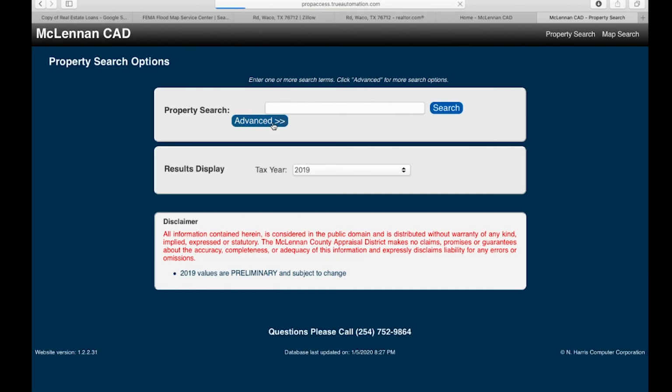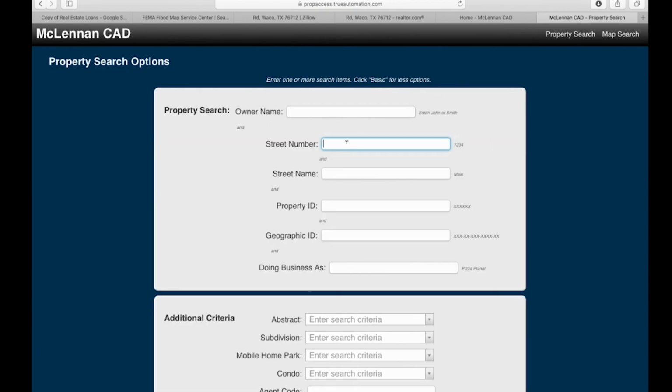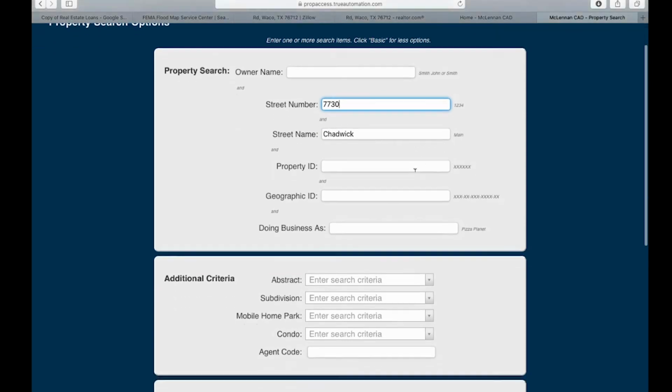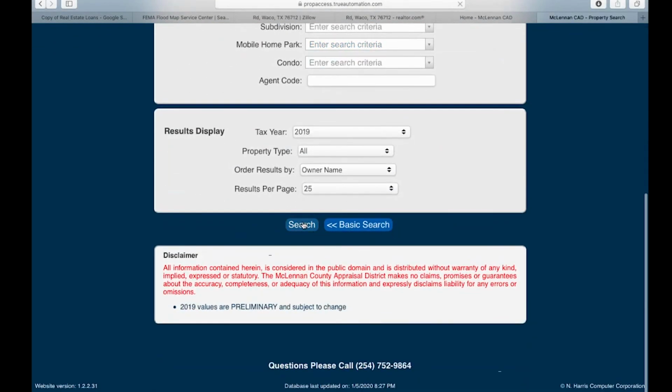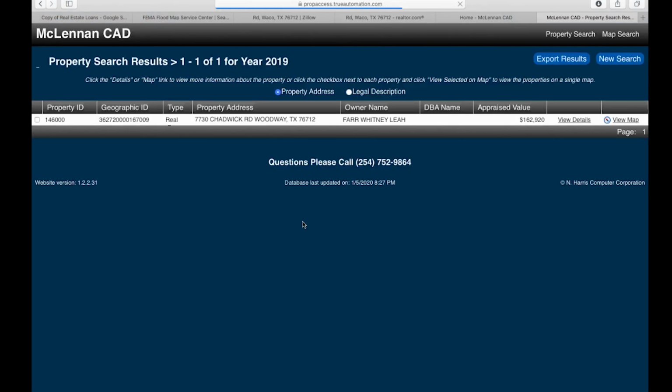And I can plug in my address, street number and street name. Do a search. So I'm seeing the appraised value at $162,920.